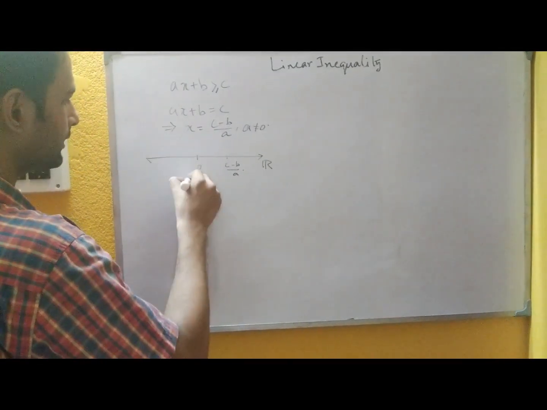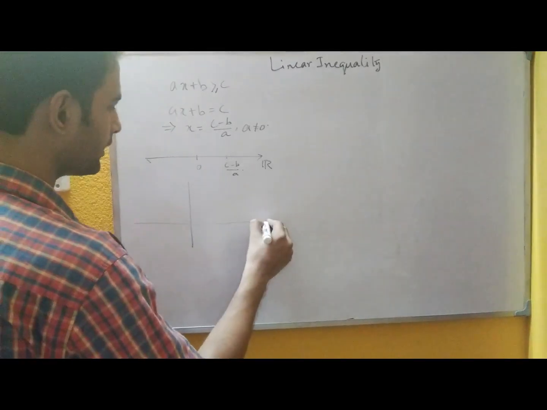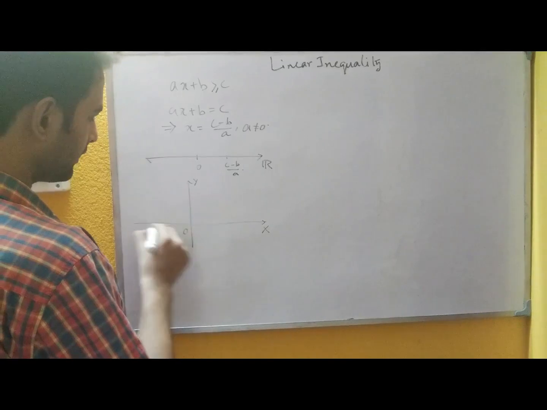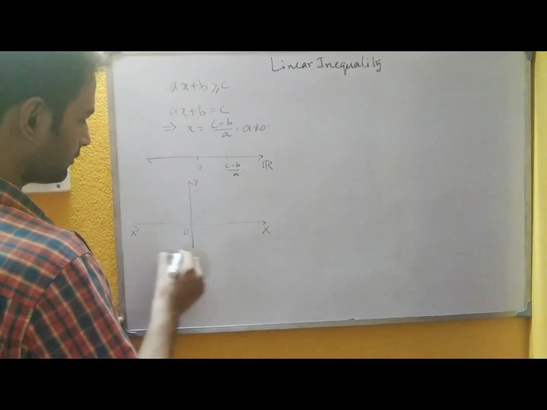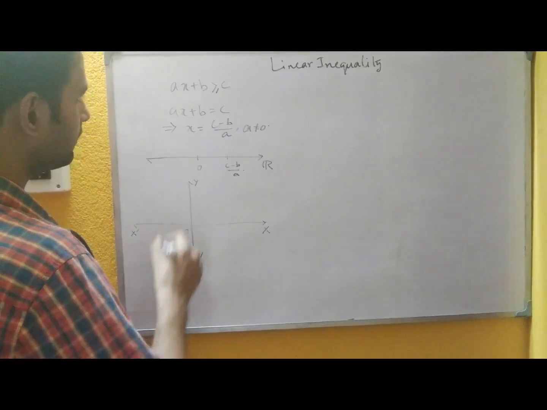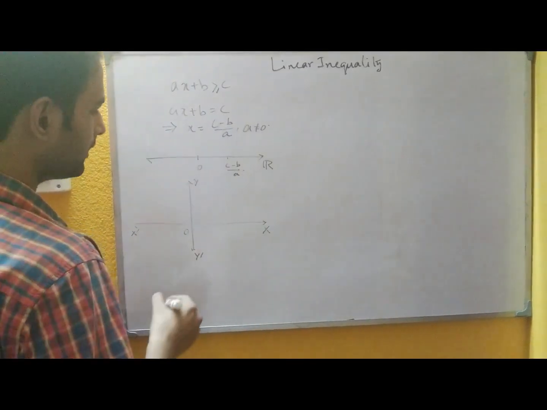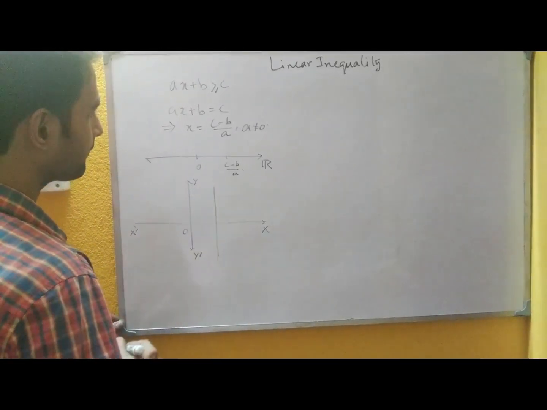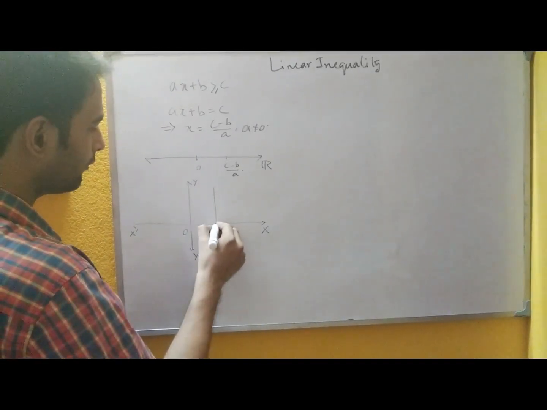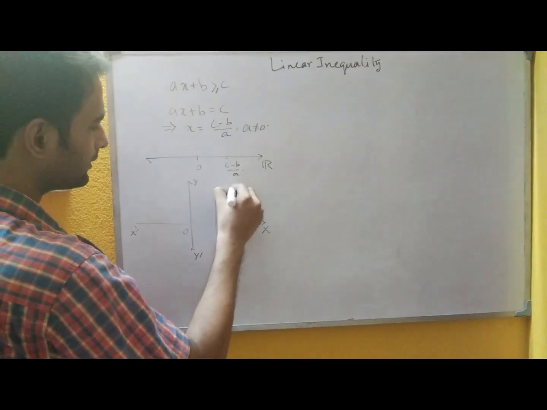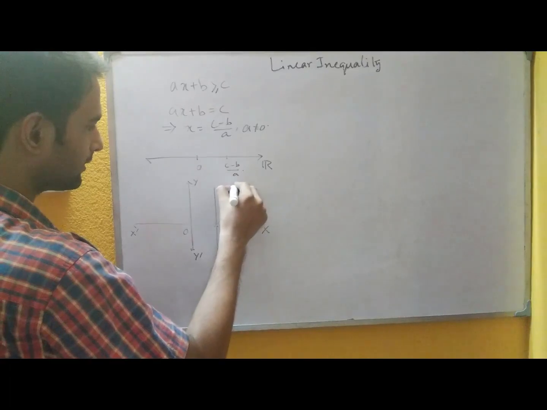If you see geometry in two dimensions, then you will see that here also the line ax plus b equal to c represents some line which is parallel to the y-axis, and the value of x means the point where the line intersects the x-axis.